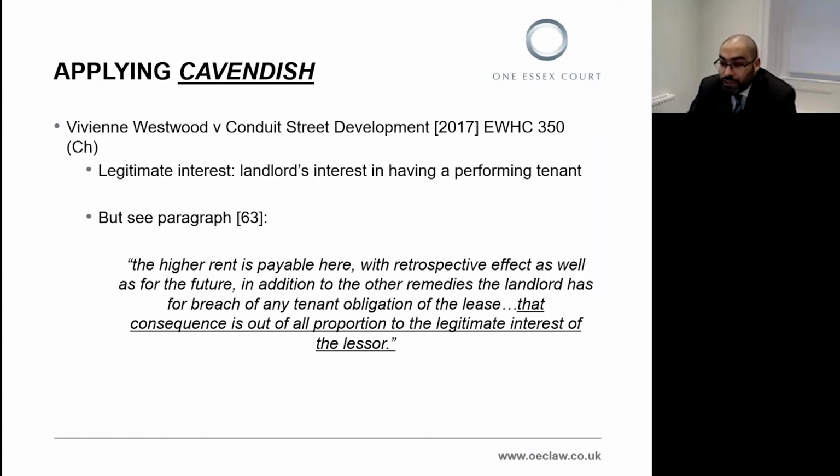Timothy Fancourt QC held that the clause was a penalty. He recognised that there was a legitimate interest protected by the clause in the side letter. That was the landlord's general financial interest in having a performing tenant. However, he found that the higher rent is payable here with retrospective effect as well as for the future, in addition to the other remedies the landlord has for breach of any tenant obligation of the lease.